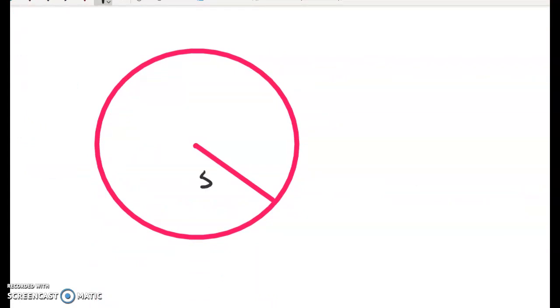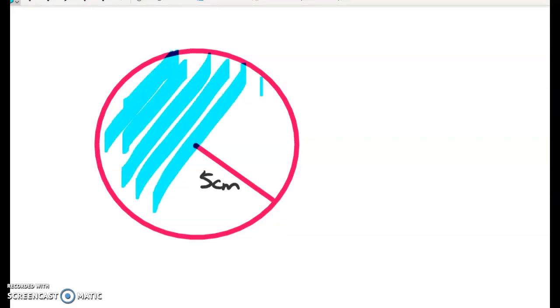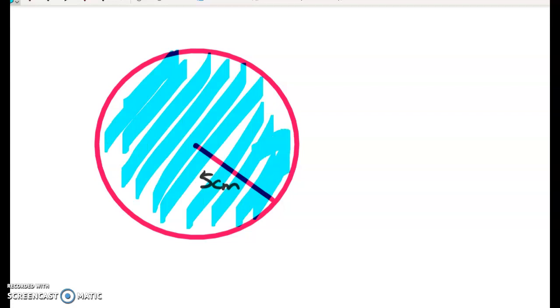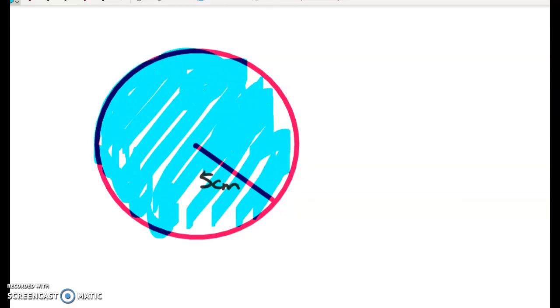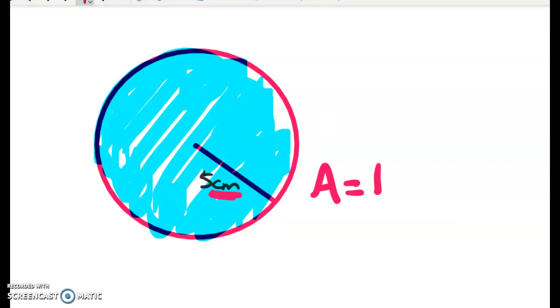Okay, so suppose this is 5 centimeters. What's the area of it going to be? So when I'm finding the area, I'm looking for this inside here. And my units are going to be centimetres squared. So the area formula is pi times the radius squared.